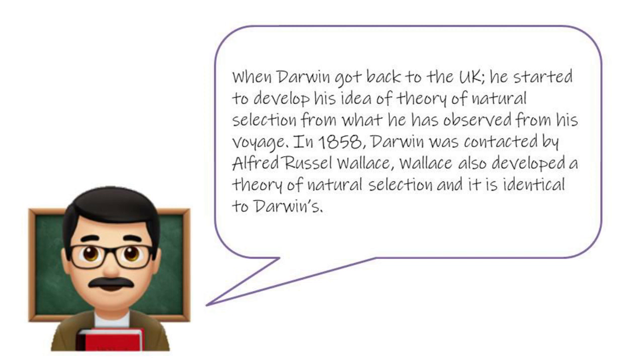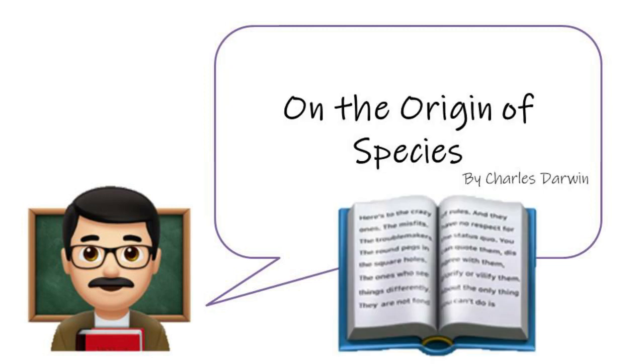In 1858, Darwin was contacted by Alfred Russel Wallace. Wallace had also developed a theory of natural selection, and it was identical to Darwin's. Therefore, in the same year, together they put forward the theory of natural selection to explain the mechanism of evolution.